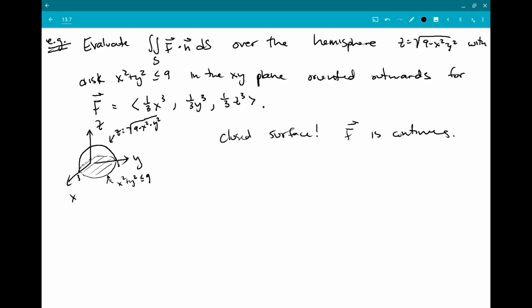So since this is a closed surface and I'm finding a surface integral, I think the divergence theorem is going to help me out here. So I decided to do the divergence theorem, since this is a closed surface.